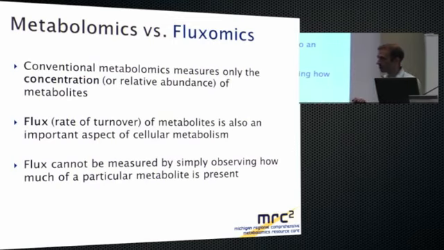Fluxomics, or attempting to measure metabolic flux, is something that's a lot more challenging to do by other methods. Just to define what's going on, the rate of turnover of metabolites is an important metric that you may not be able to access just by looking at metabolite concentrations.